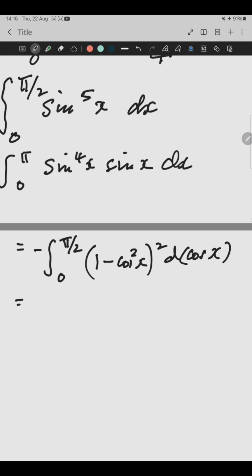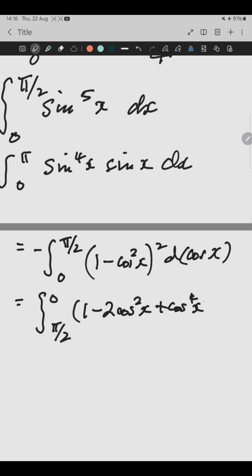Which equals, we'll take away the minus sign and reverse the limits and multiply out the bracket, so that would be the integral of 1 minus 2 cos squared x plus cos to the 4th x d cos x.